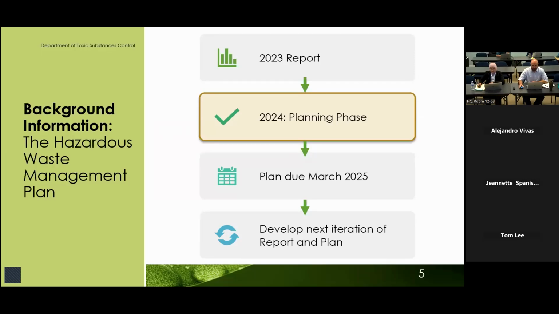Two simple questions. Have you read our 2023 Hazardous Waste Management Report? And have you attended any of our previous workshops? You have 30 seconds or so, fill that out.